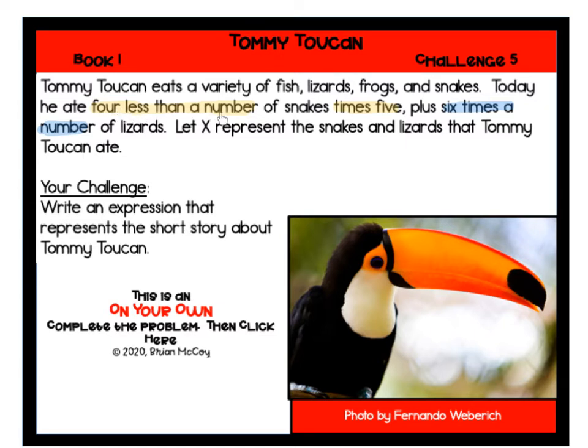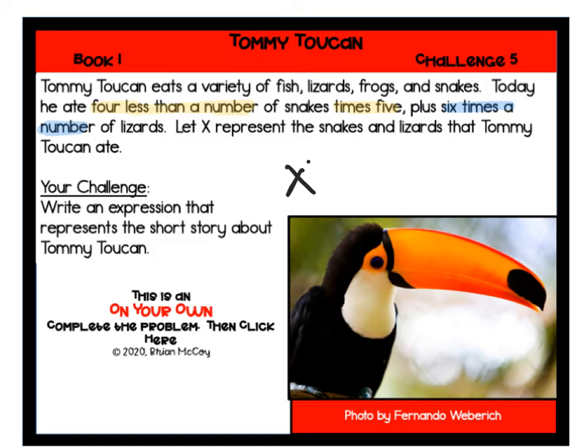Now, if I have 4 less than a number, that means my variable is going to be first, right? So I'm going to take that variable, and in this case, I'm told that I'm using x as my variable. So in this case, I'm going to have x, and now it's 4 less than that number, that variable of x.